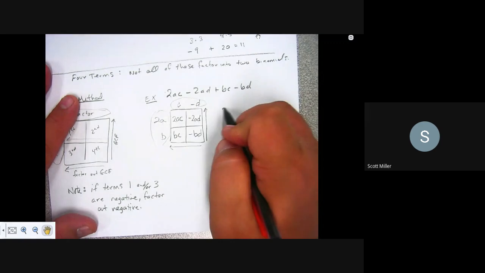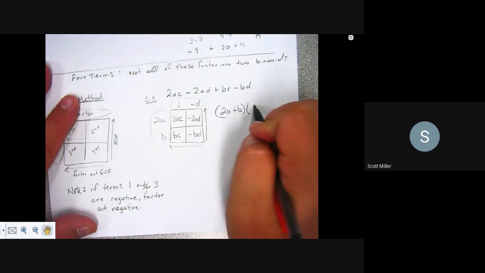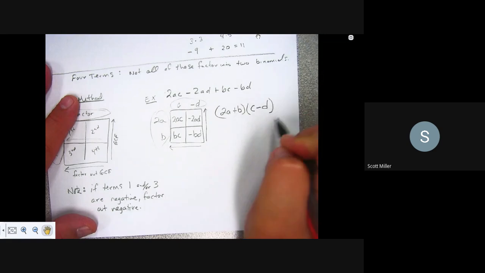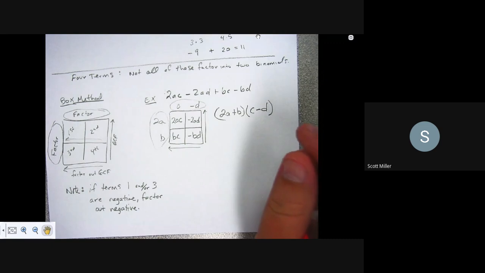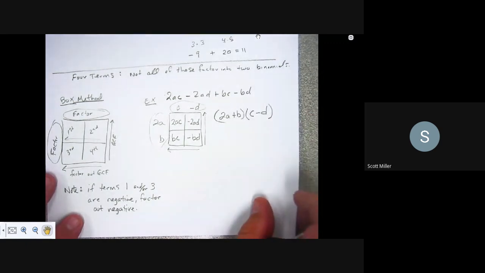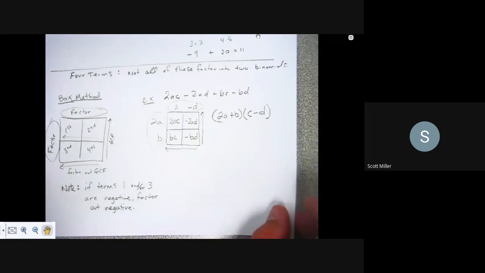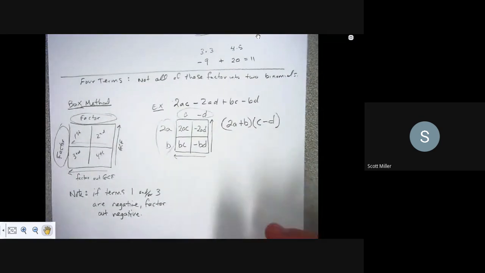So this factors into 2A plus B, C minus D. And that would be your answer for the box method. So that's how that works. We'll practice outside this video, and we'll call this one done.